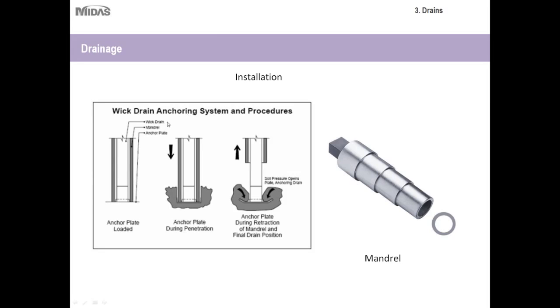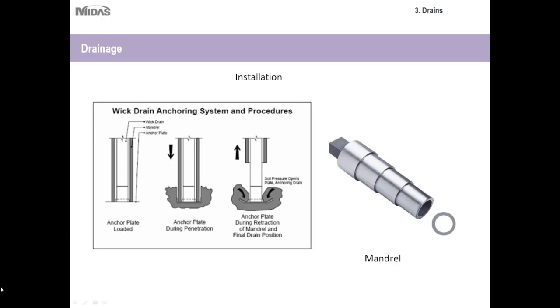When they're installed, they'll be encased in what's called a mandrel. Essentially, the mandrel minimizes the cross-section area, and it'll reduce the potential for soil displacement and disturbance. It may also be suitable to taper the mandrel tip, as shown here, as long as the stiffness is not sacrificed.